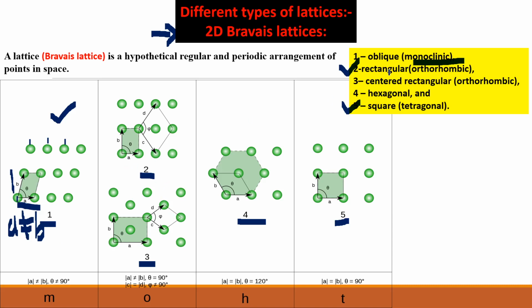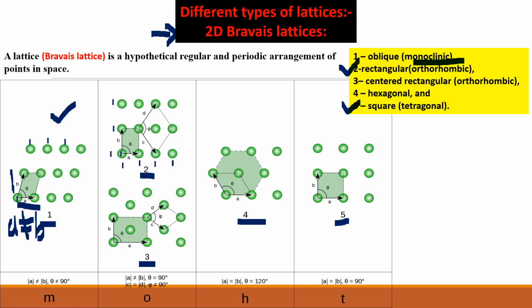Let us discuss another type, the rectangular lattice. In the second figure, there are 3 atoms along the b-axis, and in the direction of the a-axis there are atoms located, 1, 2, 3 and another one, 4.